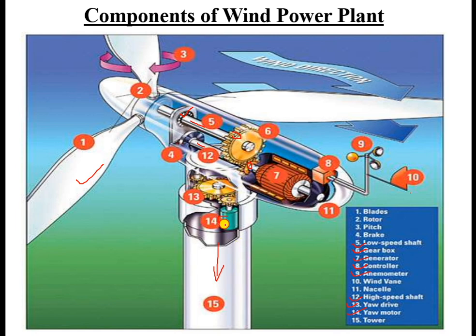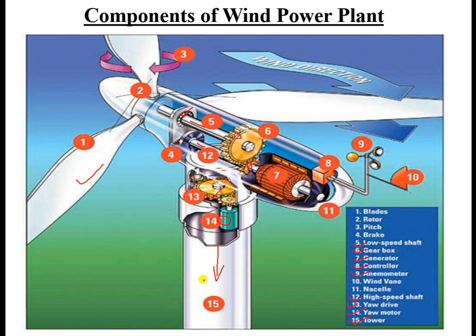This is the motor for the yaw arrangement, and these smaller and bigger gears control the position of these three blades, in which direction they will move as per the wind direction, so that the maximum amount of wind energy can be harnessed. For that purpose the yaw drive and yaw motors are available.